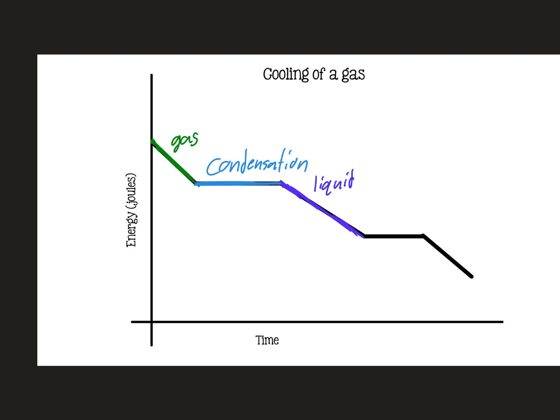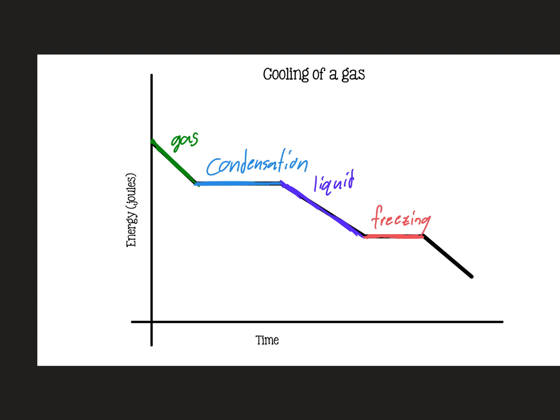That's this slope. Then at the end of the slope, we once again plateau out as the liquid is changed into a solid. So from liquid to solid is freezing.